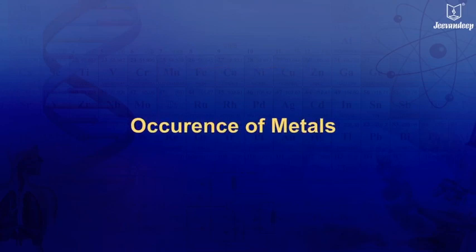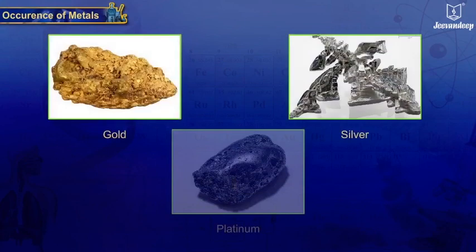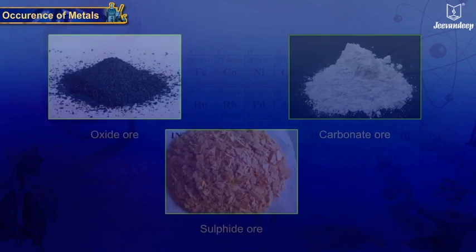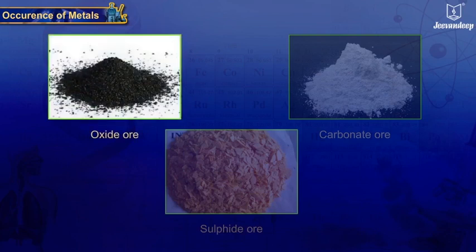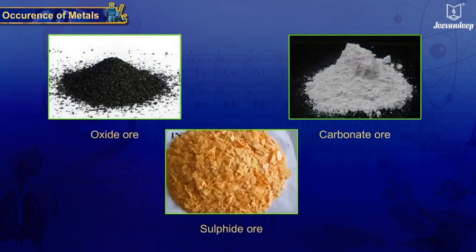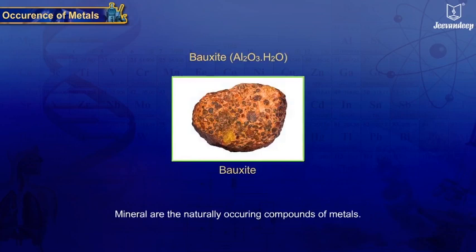Occurrence of metals. Only the most unreactive metals, example gold, silver, and platinum, are generally found in free or native state. Most metals occur in the form of their oxide ores, carbonate ores, or sulfide ores, etc. Minerals are the naturally occurring compounds of metals.